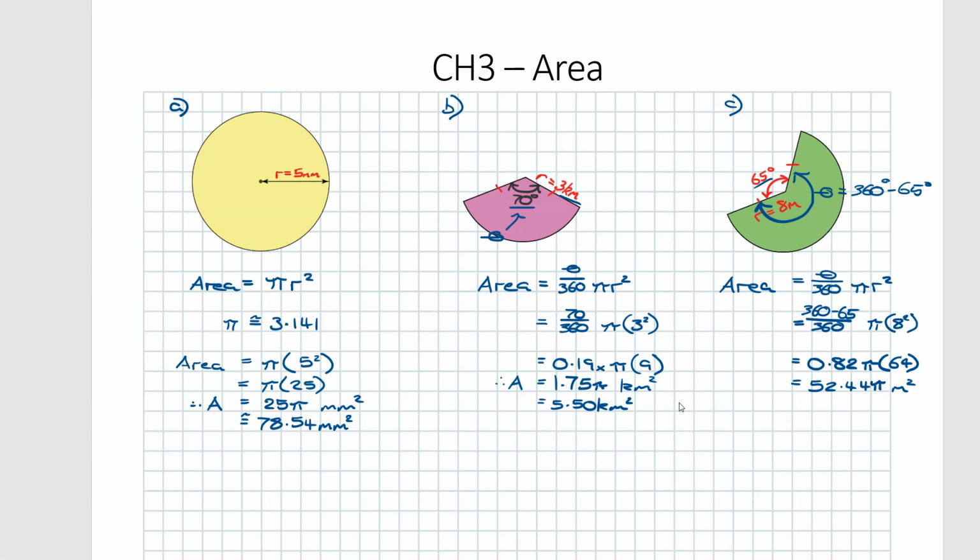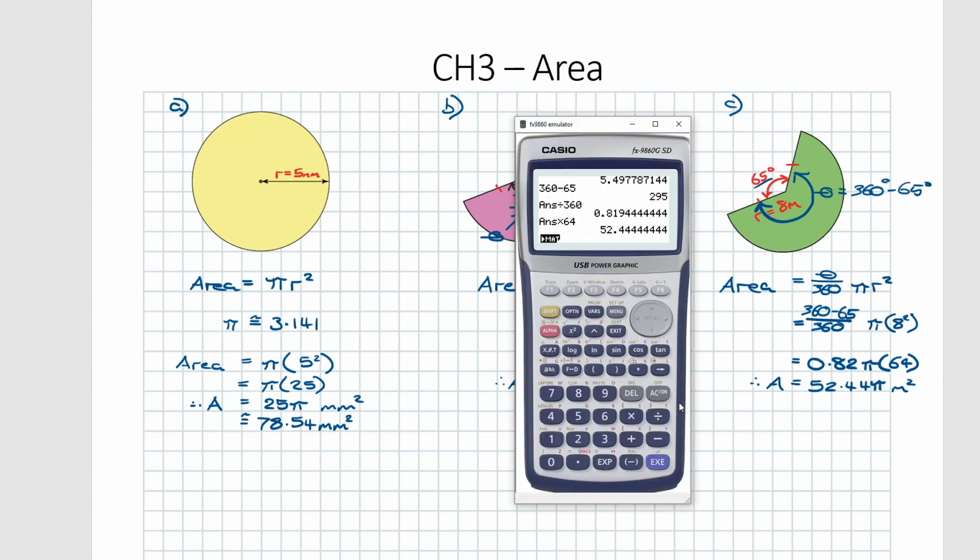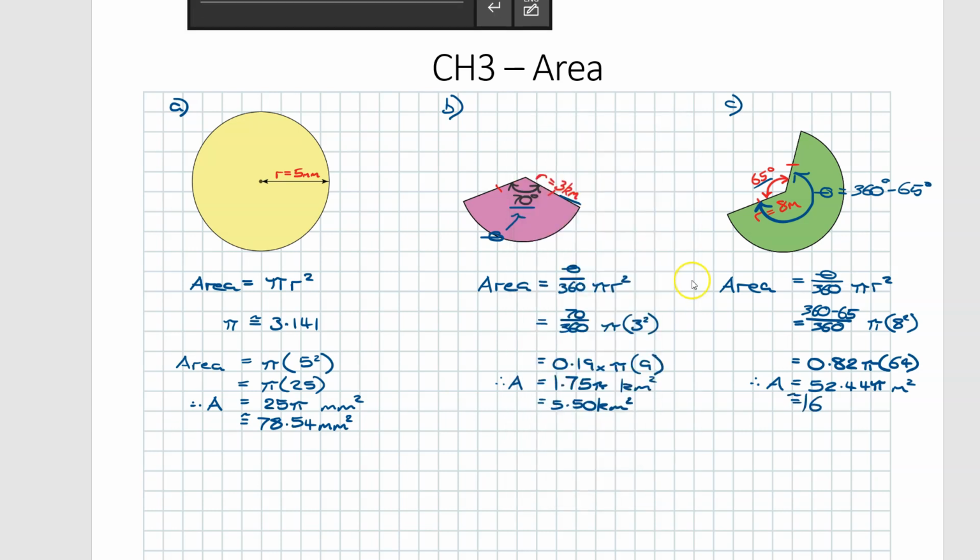Awesome. And once again, if we want to write it as a number not in terms of pi, we can go times shift pi, and therefore 164.76 meters squared. So this video has shown us firstly how to calculate the area of a regular circle.